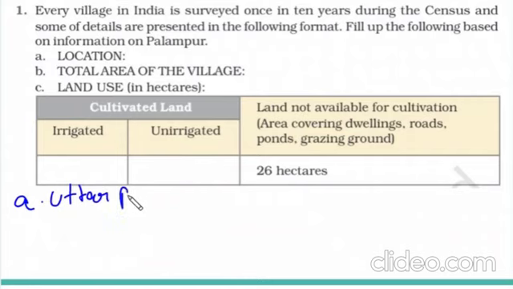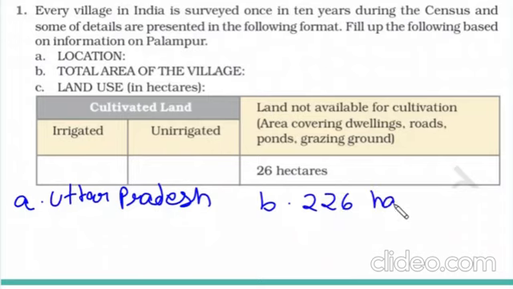So we can write Uttar Pradesh here. Second one, total area of the village, including cultivated and uncultivated, is 226 hectares.